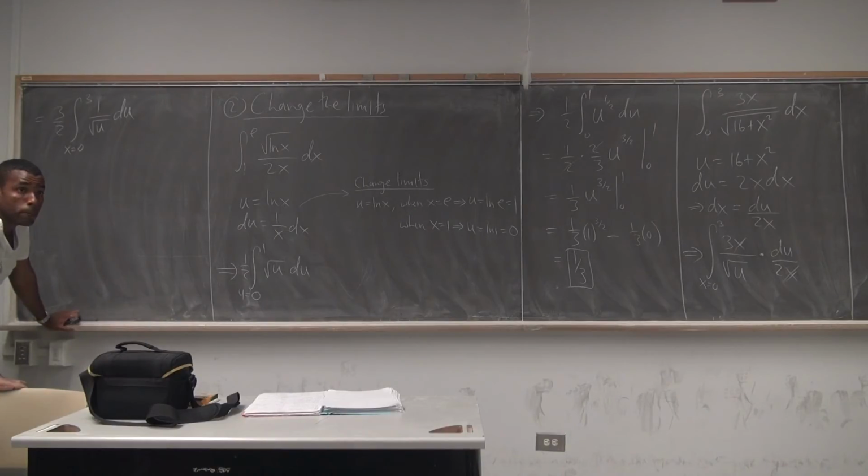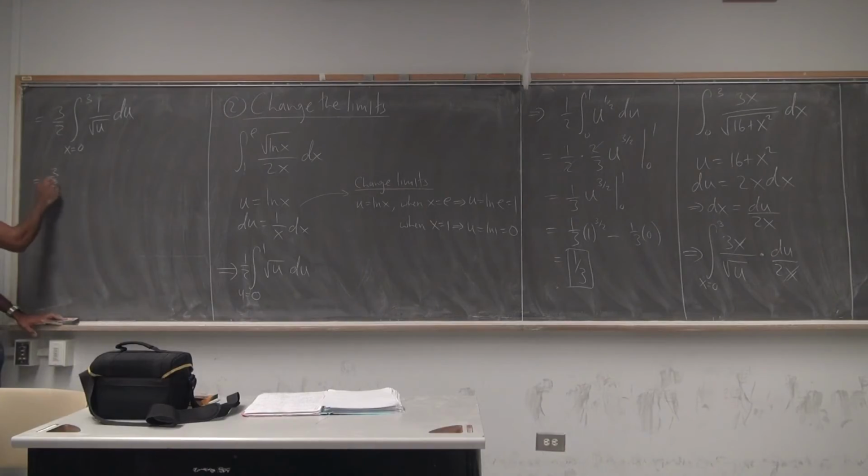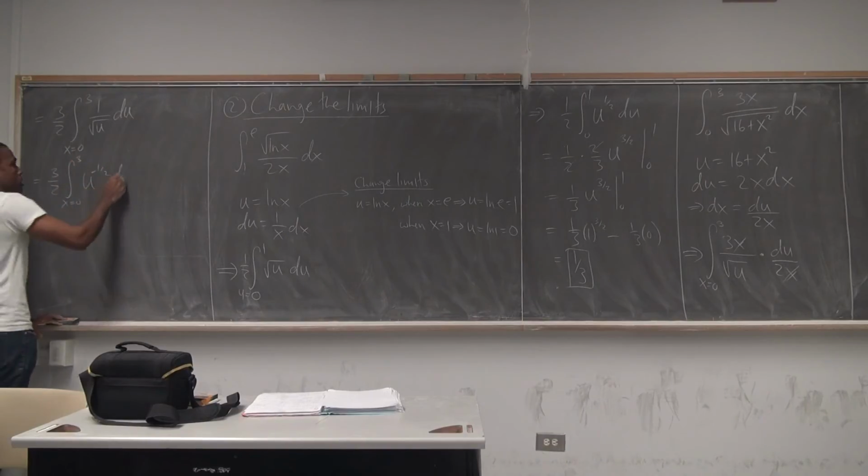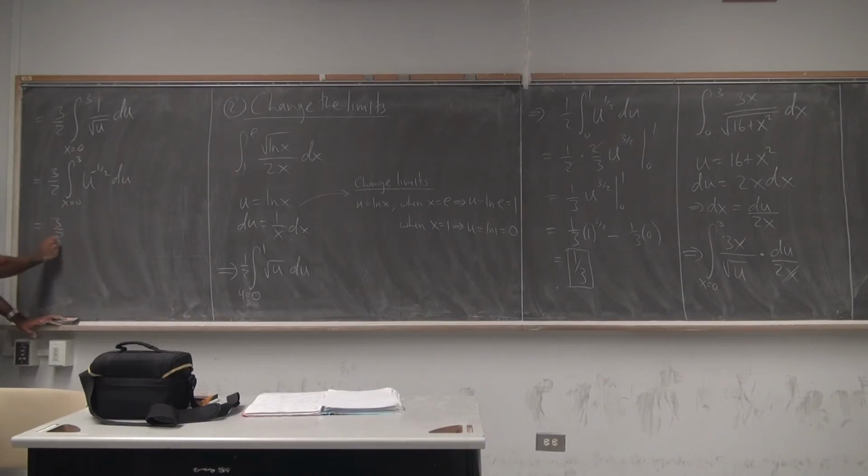Right, I have to rewrite it to look like a basic rule. This is just u to the minus 1/2. And I will use the power rule. So you add 1 to the power, gives you a half. Divide by the new power. Dividing by half is the same as multiplying by 2. Twos cancel.